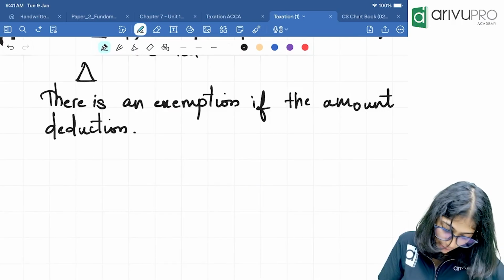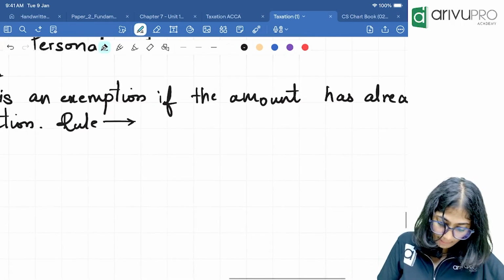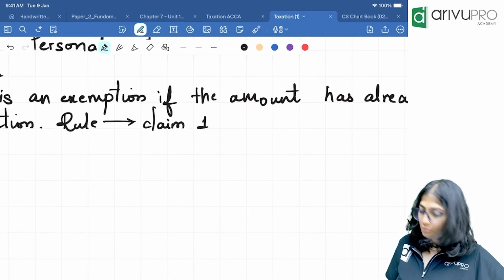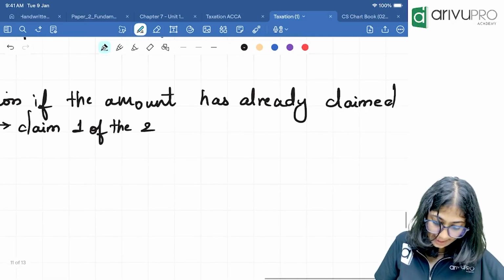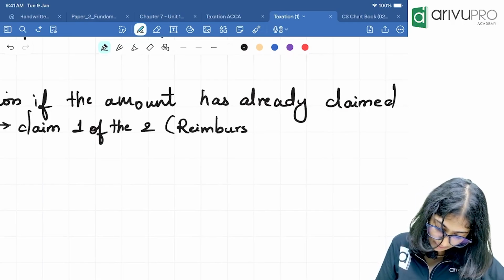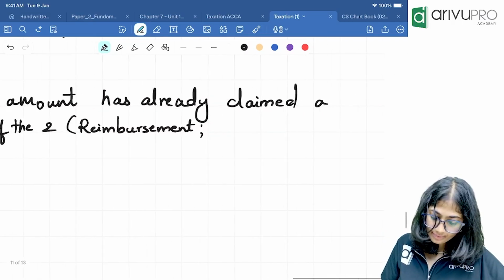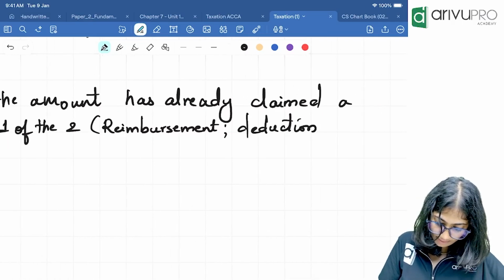The essential rule here is you can only claim one of the two. You can either claim reimbursement or you can claim deduction from tax.